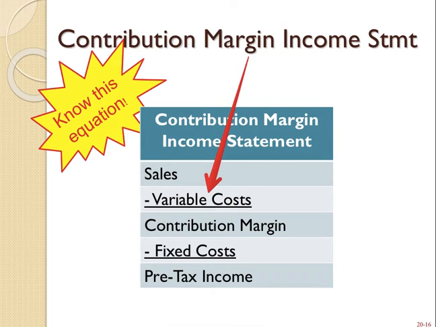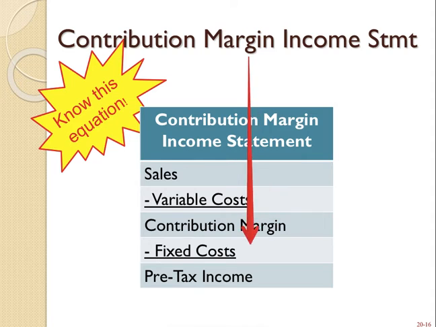Variable costs are also variable, so the more units you sell, the more variable costs you have. So for contribution margin, we're really just isolating the variable pieces of the puzzle. Sales are variable, variable costs are variable, so the variable portion of our income is contribution margin.